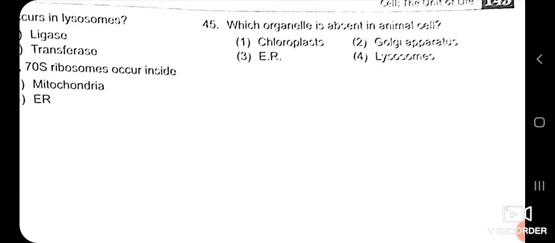It is a cell organelle which is involved in the process of photosynthesis, and due to the absence of chloroplast, animal cells cannot prepare their food, so they are called heterotrophic.